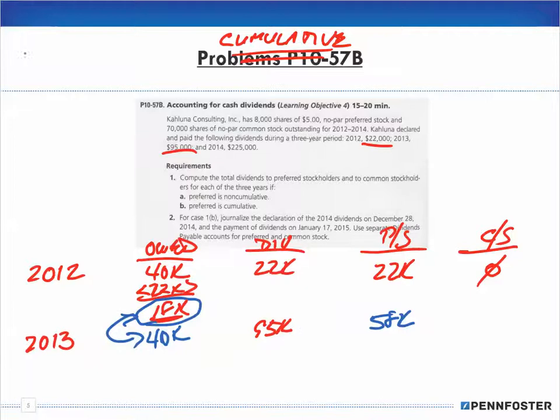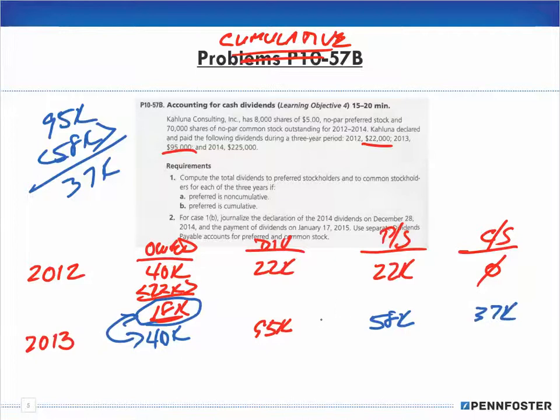Now 95,000 less the 58,000 is $37,000. So the remainder is 37,000. For 2013, 58,000 will go to preferred, 37,000 will go to common. Now I'll do the next year in green. For 2014, the dividend is 225,000.